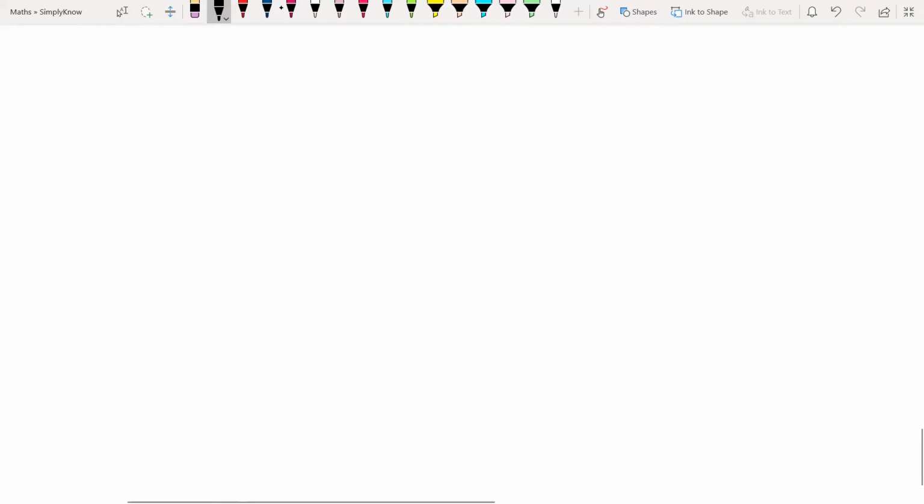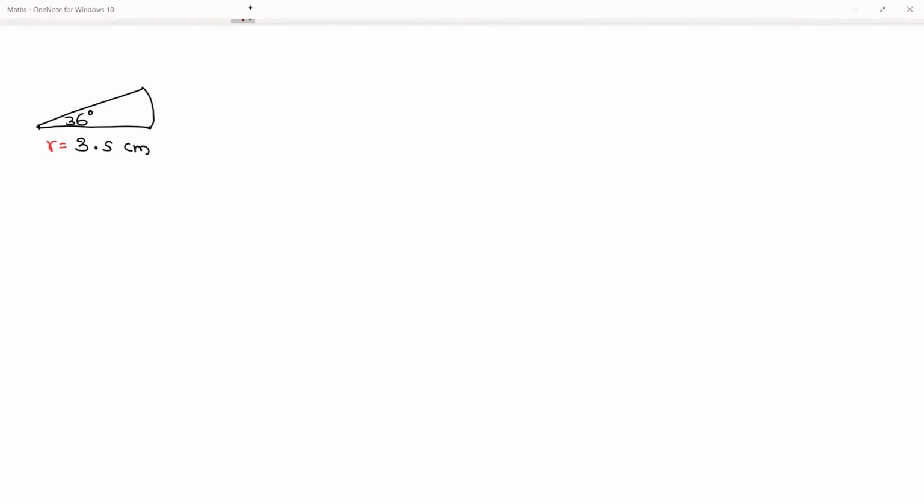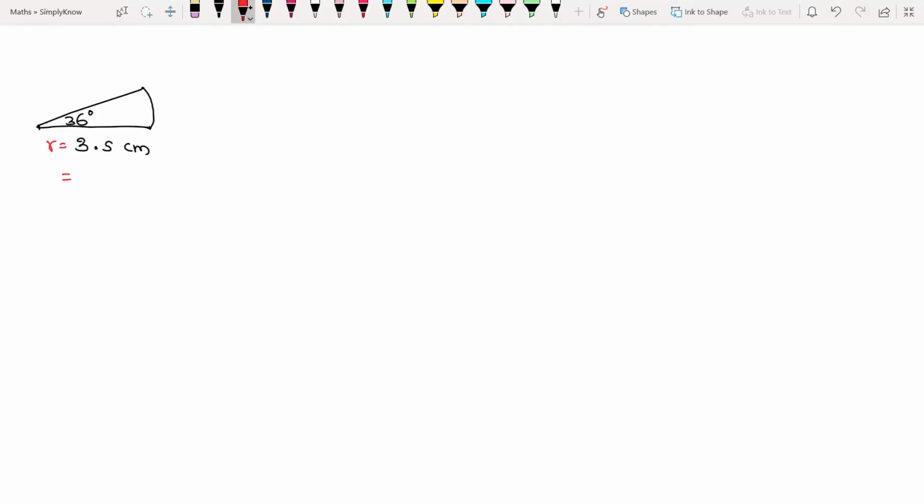Okay, try another example. The small sector, the theta value is 36 degrees and the radius here is, let's say, 3.5 centimeters. Now what is the perimeter? Now here our radius is 3.5 centimeters. Now this 3.5 I'm going to turn into an improper fraction.